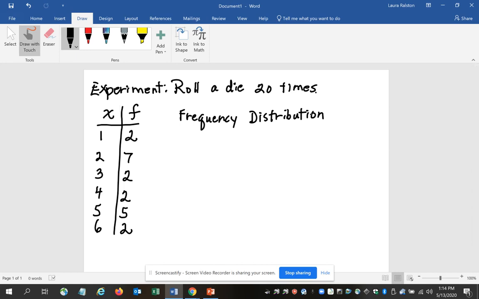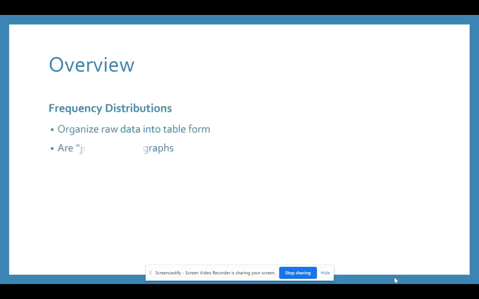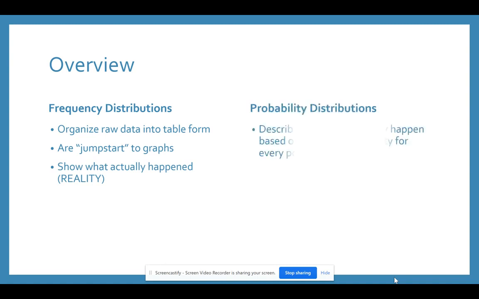Okay, so we've talked about that previously. Well, now we're going to shift gears and talk about probability distributions. A probability distribution is going to describe what probably would happen, or what we should expect to happen, based on an assigned probability for every possible outcome.